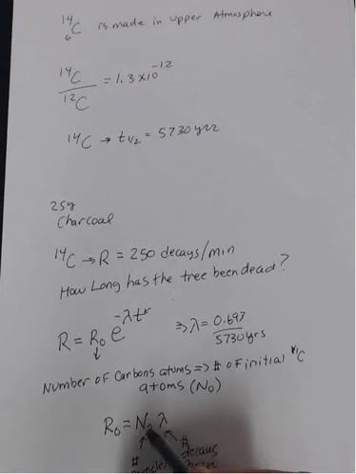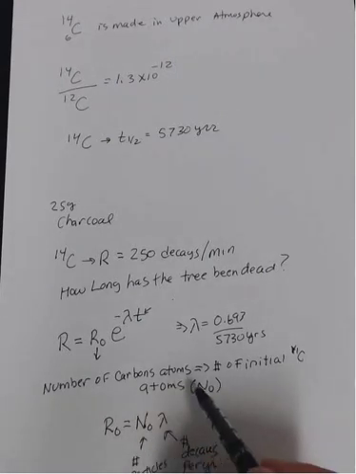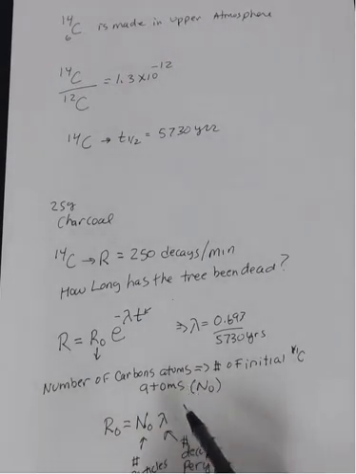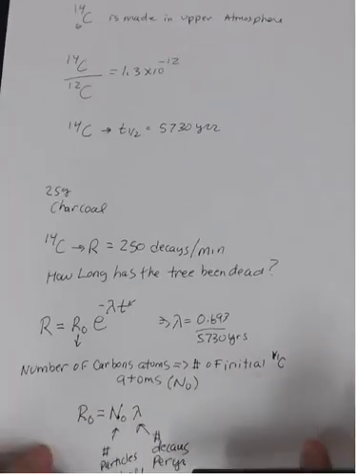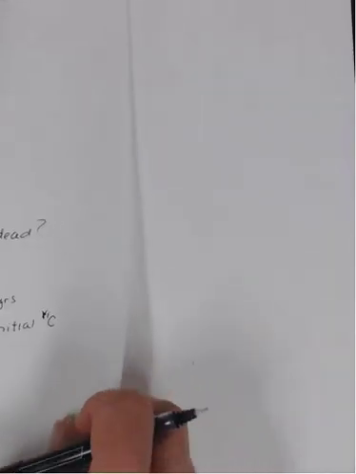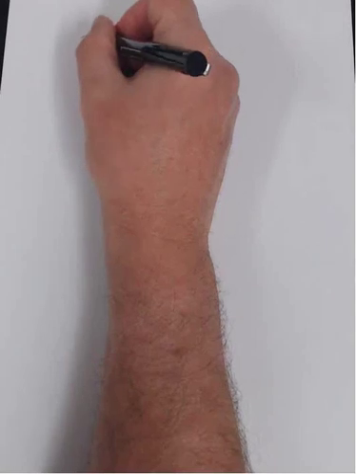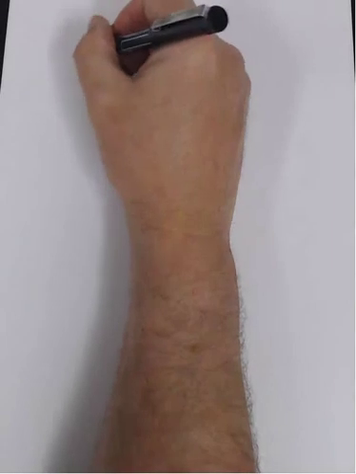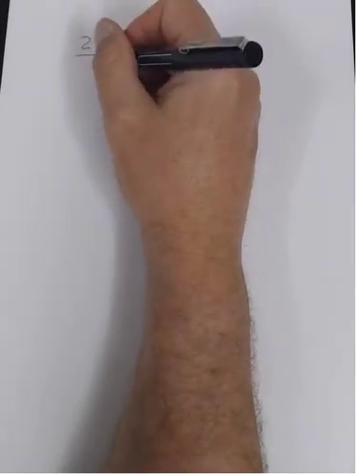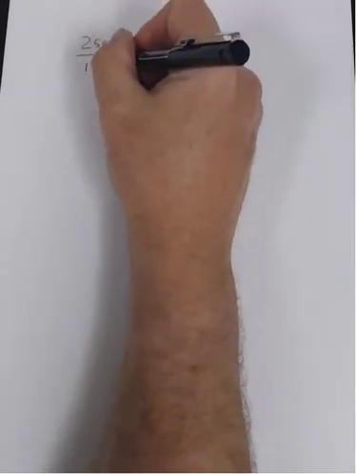So that should have been the initial. So we know this, we need to find that. And we can find it by knowing how many carbon atoms we have to start with. We know we have 25 grams of charcoal. So if we start out with 25 grams of charcoal, and carbon 12 would have 12 grams per mole.